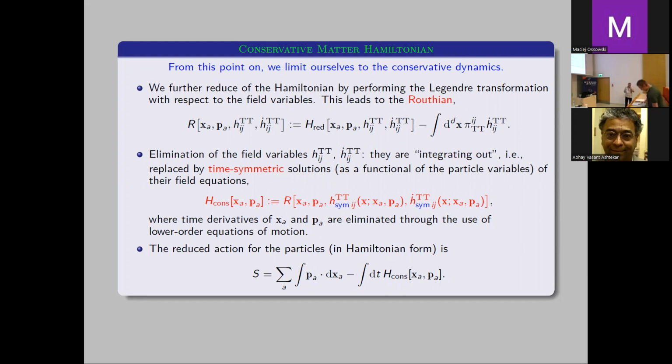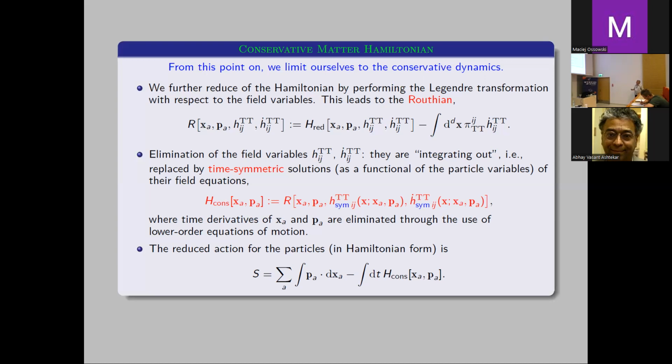Okay, and now, as I have said, we will treat differently the conservative section of the dynamics and the dissipative section of the dynamics. So we start from the conservative matter Hamiltonian. Our final goal is to have the Hamiltonian which depends only on the matter variables, that is, only on XA and PA, only on positions and momenta of the particles.